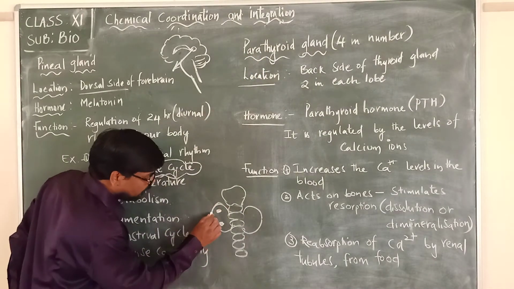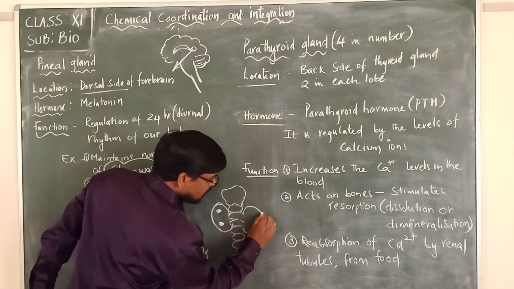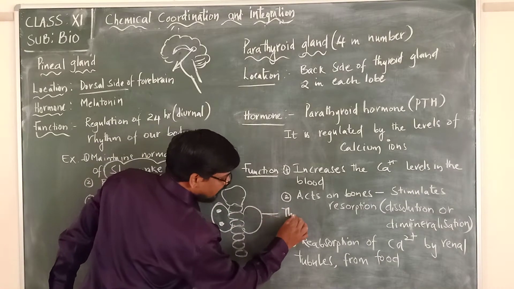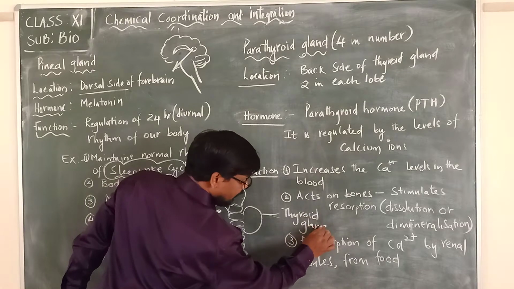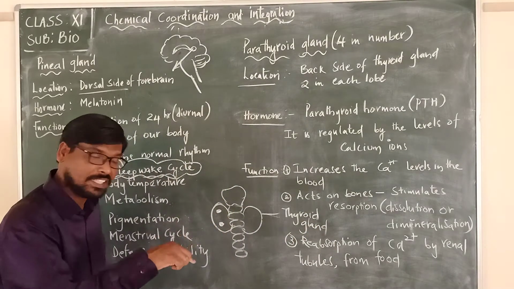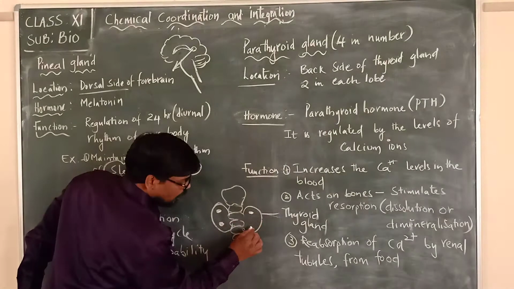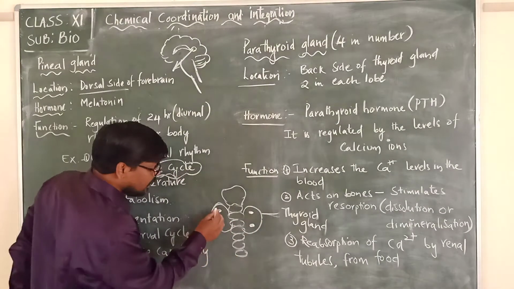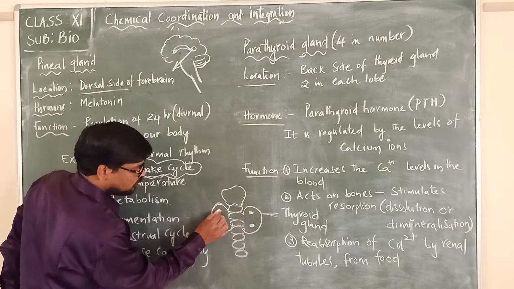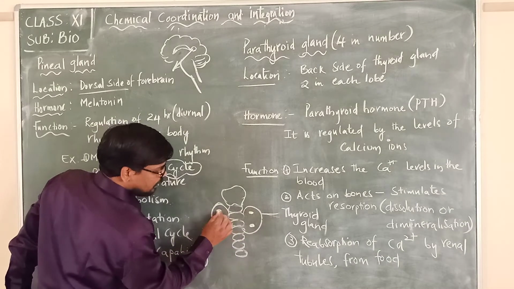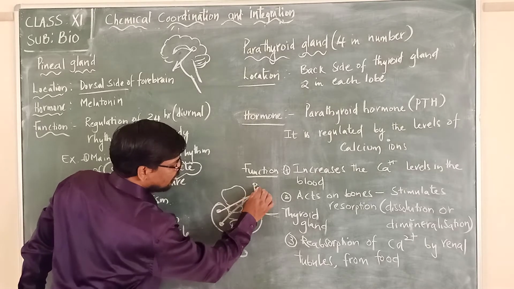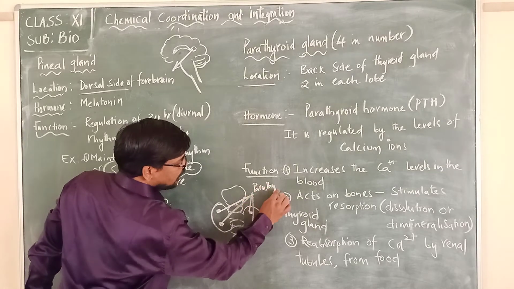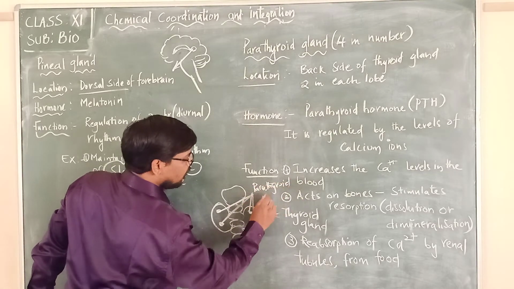This is the thyroid gland, and within the thyroid gland there are parathyroid glands, 2 in each lobe of the thyroid gland. Let us remember that these are called the parathyroid glands.